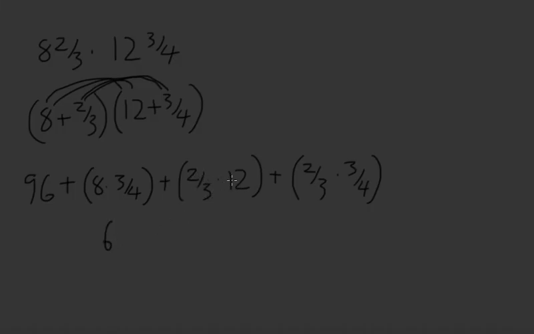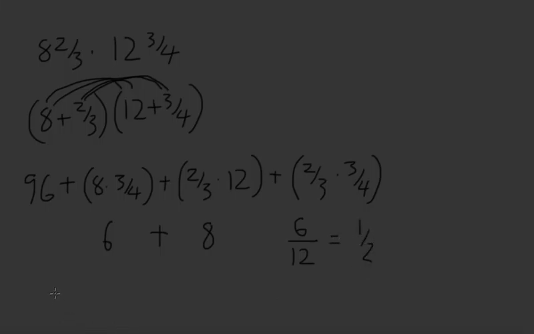And then 12 times 2 is 24, and you divide that by 3, and that turns into 8, okay? And then when you're multiplying fractions, it's straight across, so it's 2 times 3 is 6, and 3 times 4 is 12, and when you reduce that, that's going to equal 1/2.